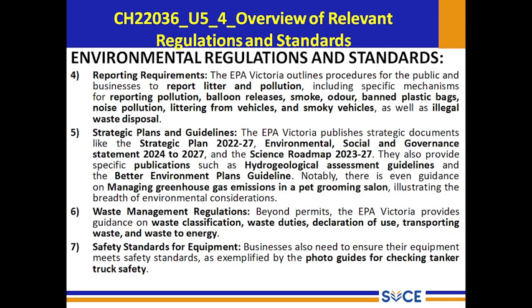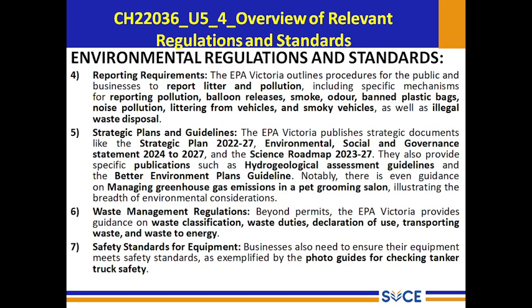Strategic planning and guidance. What is the strategic planning and guidance we have? The Environmental Protection Authority of Victoria publishes strategic documents like the strategic plan, which is spread across 5 years, for the years 22-27, the environmental social governance statement 24-27, and the social roadmap 23-27.